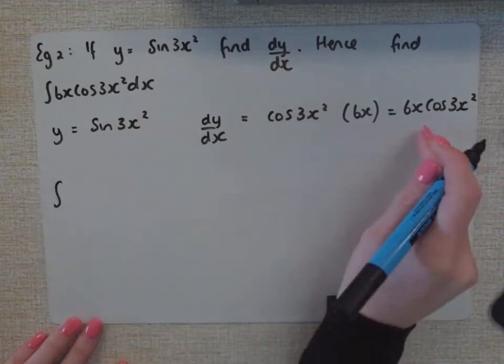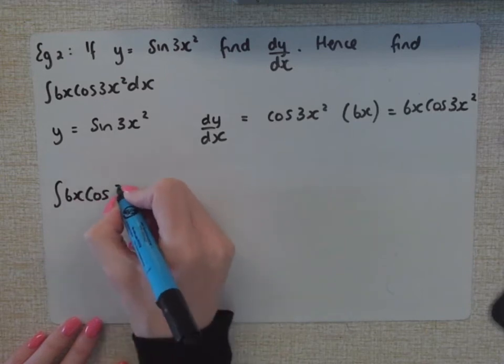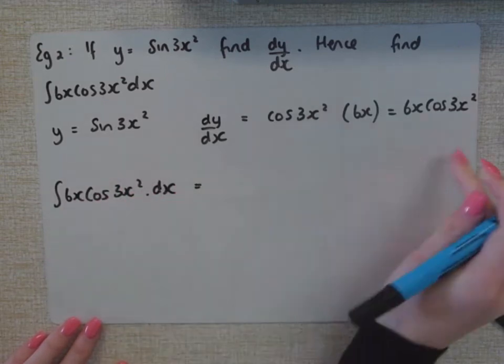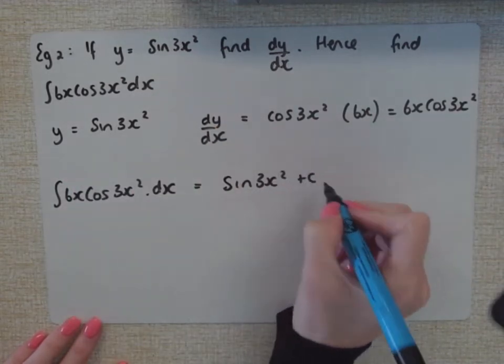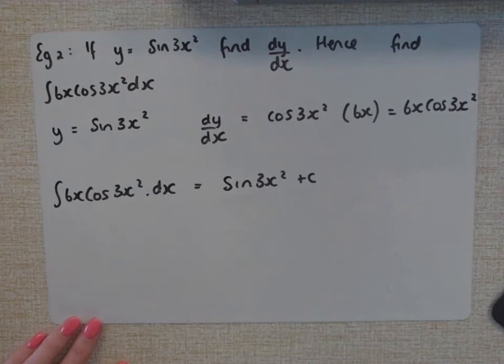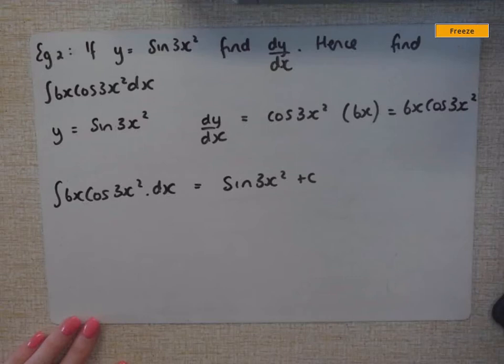Okay, so integrating 6x cos 3x squared dx, when I integrate my derivative, I get back to my function plus c. Is that okay?